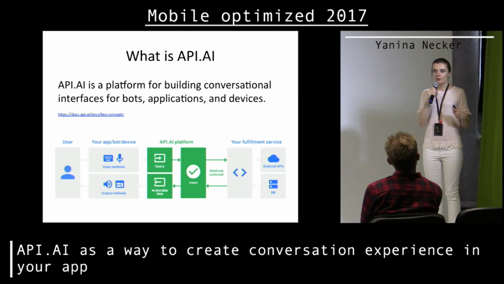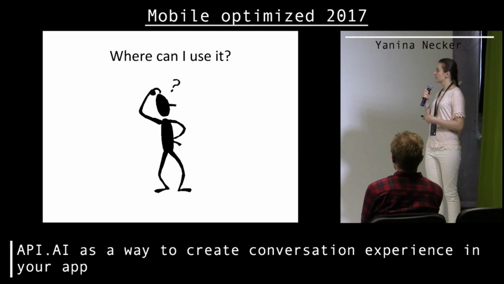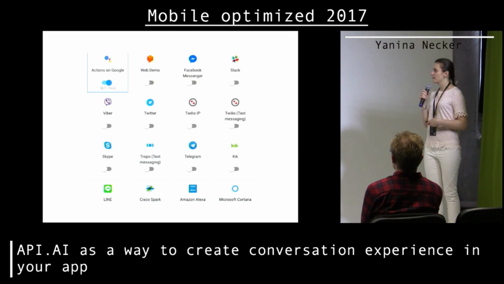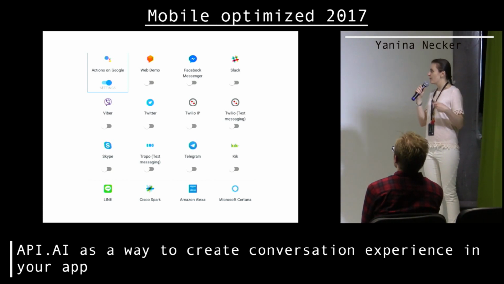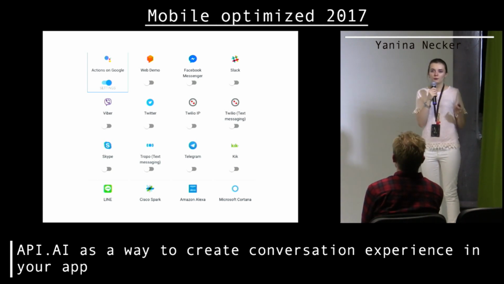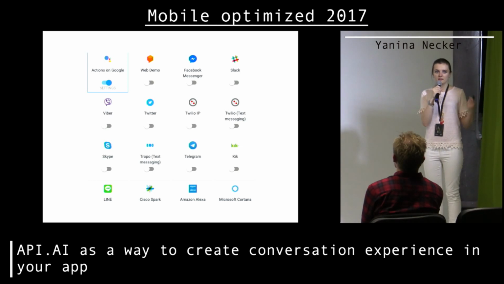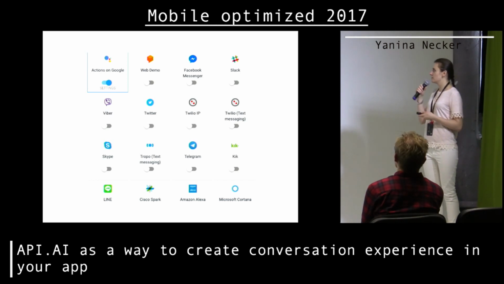It's more of a question, where can API.AI be used? Here I took a screenshot of all the tools, of the applications where we can simply enable API.AI, and it will be available. For example, Actions on Google, that's for your Google Assistant.